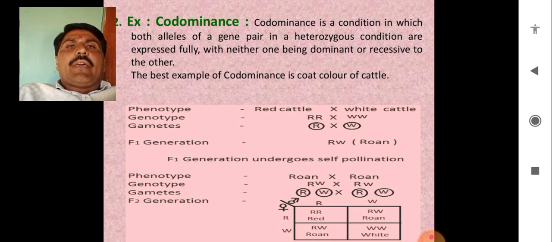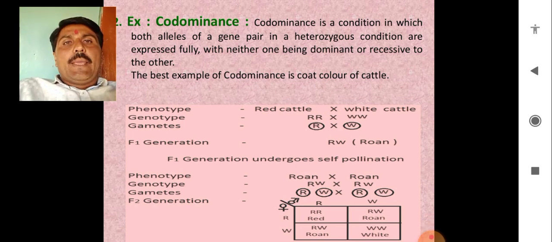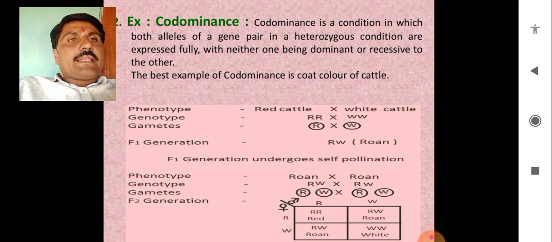Now we are aware of the cattle, what we see in the cows and all this. This is a condition in which both alleles of a gene pair in a heterozygous condition are expressed fully, with neither one being dominant, neither one being recessive to the other.